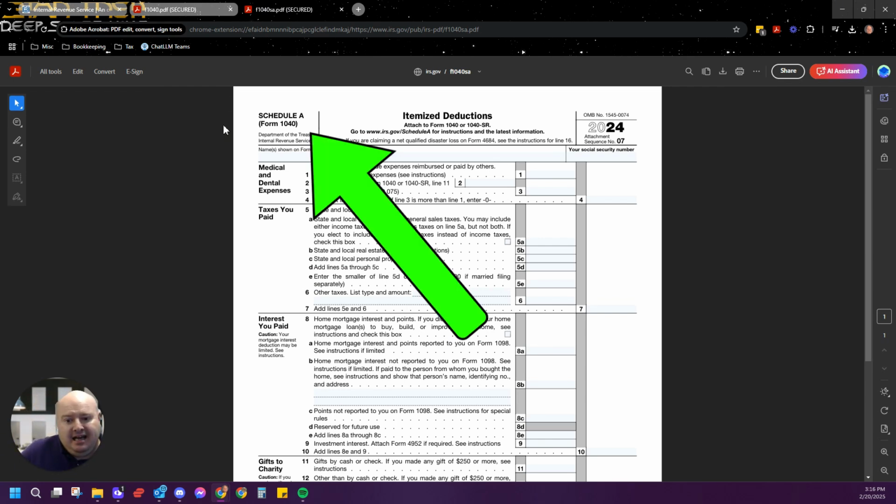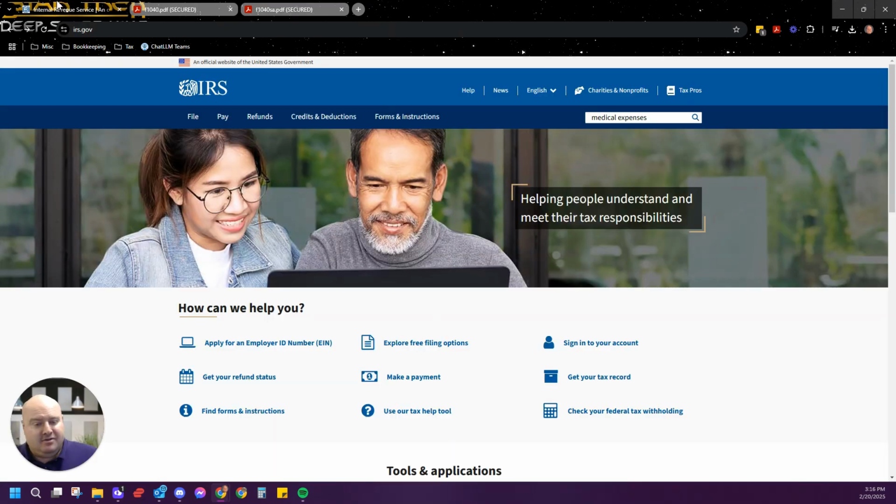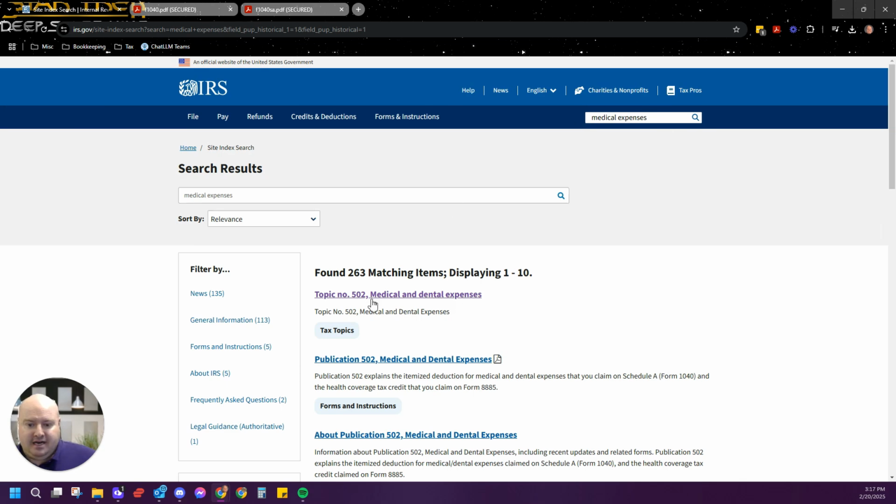The first thing is going to be medical and dental expenses. So the IRS allows you to deduct medical and dental expenses once you've reached a certain threshold. So first of all, what are the medical and dental expenses you can deduct? Well, let's come over here to the IRS website, type in medical expenses, and see what comes up. So we've got topic number 502, medical and dental expenses.